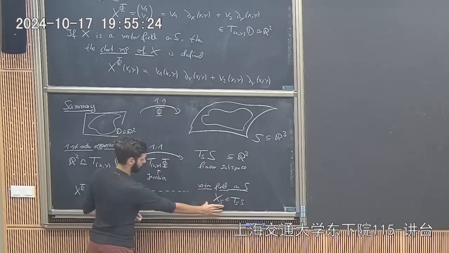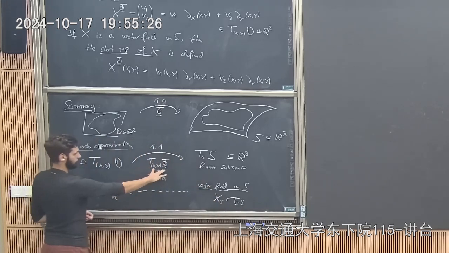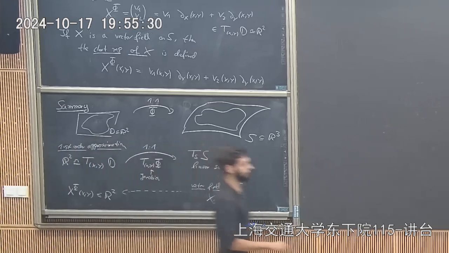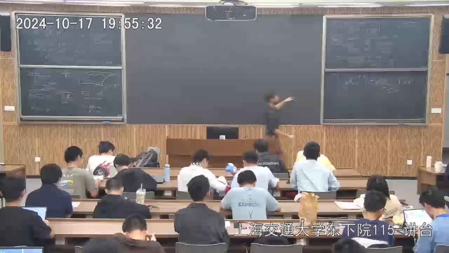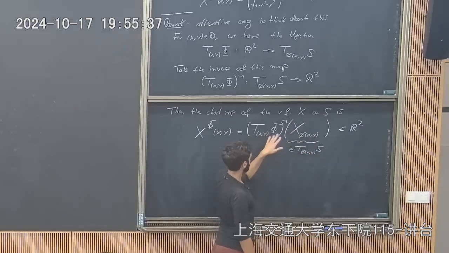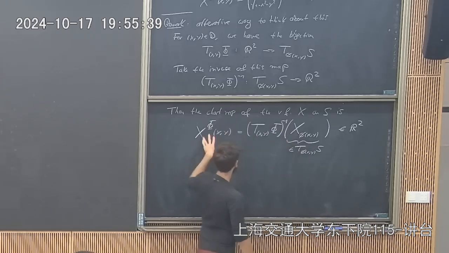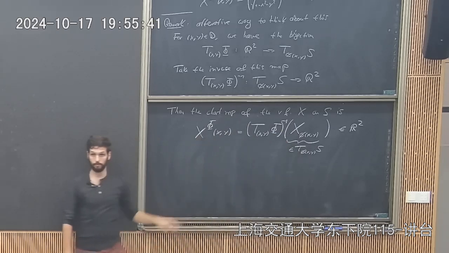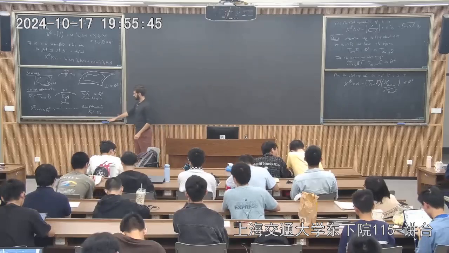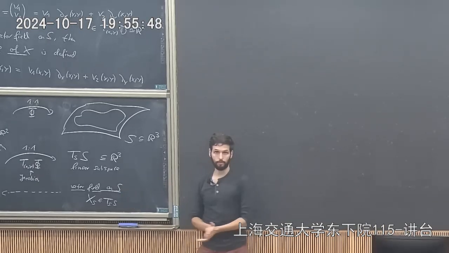You start with the vector field there, and you take the inverse of that map, and then you end up here. So this is the map that I just wrote down here. You take X at a certain point, then you map it with the inverse of phi, and you get your chart representation. So that's this construction over here.